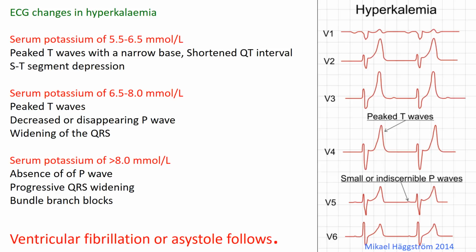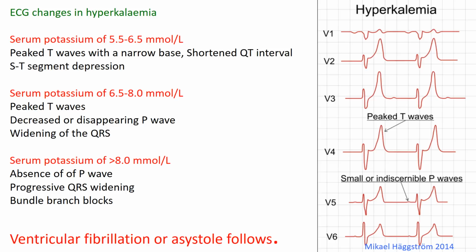The T wave becomes pointed with a shortened QT interval, the interval between the Q and the T. So remember the P QRS complex and the T wave. And the ST segment can be a little bit depressed as well. But the thing that we tend to notice primarily is the peaked T waves, and as we see, that's quite obvious on V2 and V3.